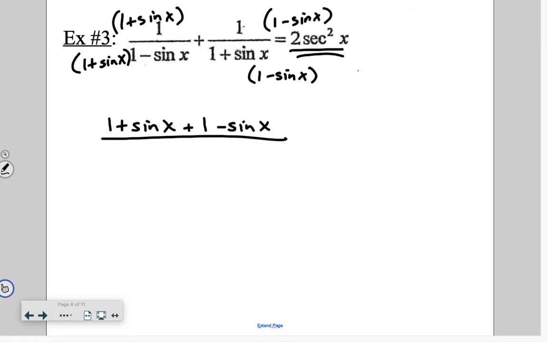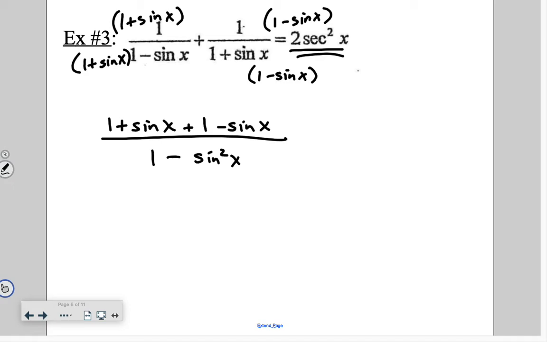Whatever's in the second spot of the two factors gets squared, and it's always a difference of those two. So first spot is 1. Second spot is sine, so that's going to be sine squared, and that's a difference of the two. If you FOILed those things out, that's what you'd end up with. All right, let's keep going.